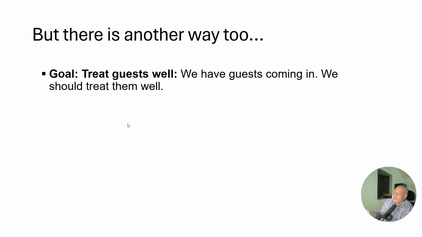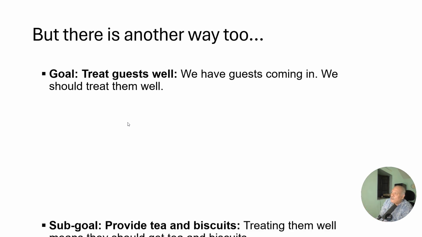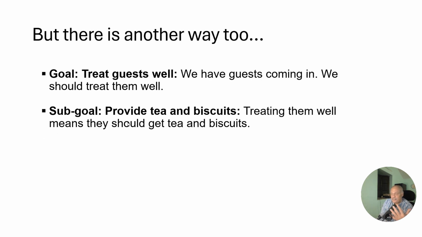This is what we normally do with humans. We don't do it the other way unless you are a very hard taskmaster and you don't trust the person you are giving the instructions to. There you have to give imperative instructions. Here, you tell what goal you want to achieve. So you say, we have guests coming, so we should treat them well.